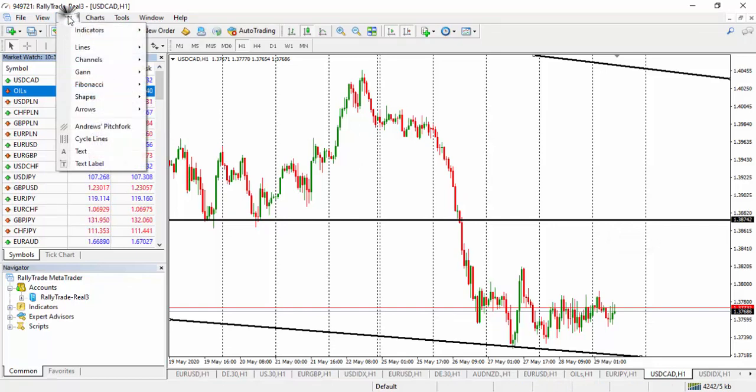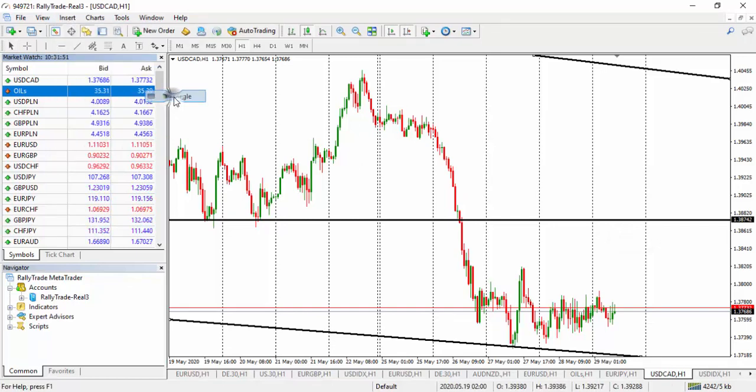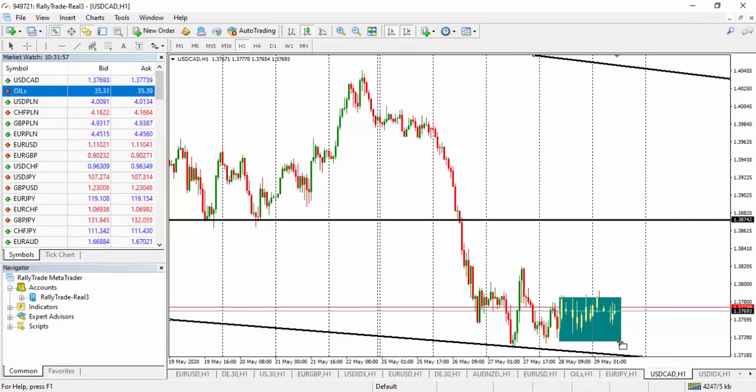So if I insert the rectangle, okay, I'm able to mark out this very crucial point for this instrument.